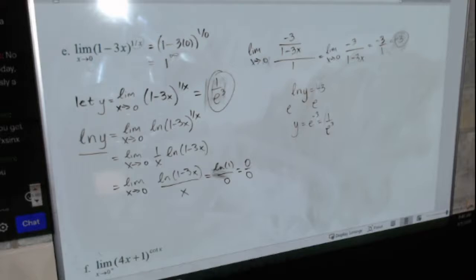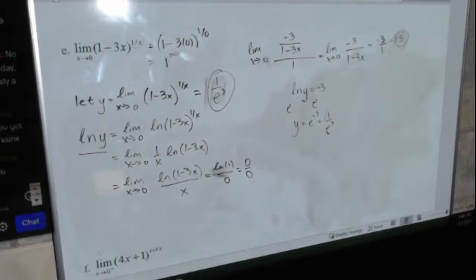I'd done the problem yesterday and thought it looked strange, and it was just because I plugged in the wrong limit, that's all. But that wasn't too bad. It just gave you another example, really.